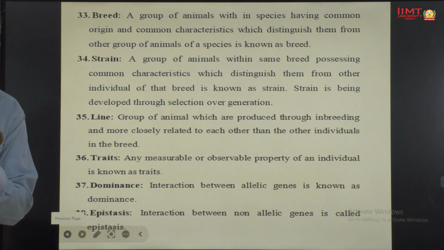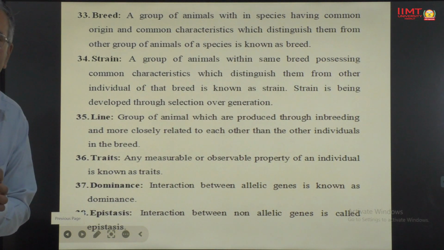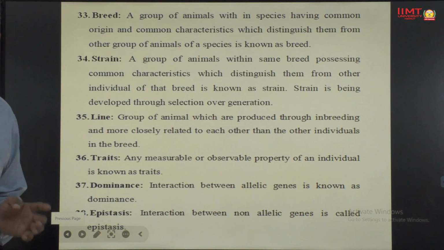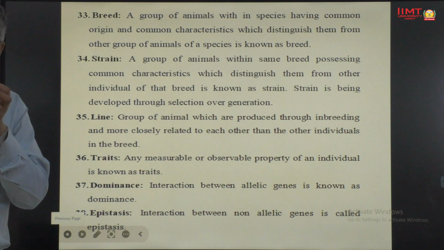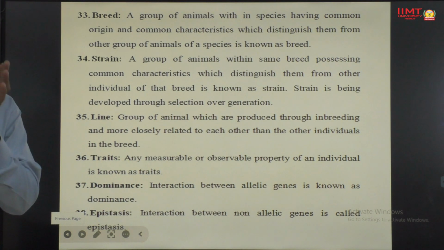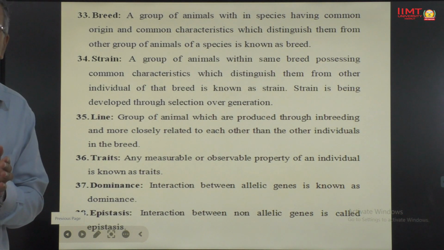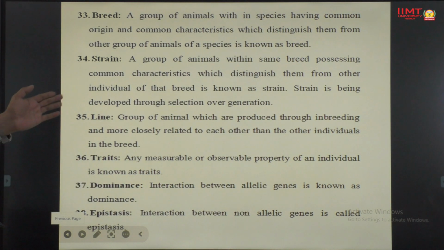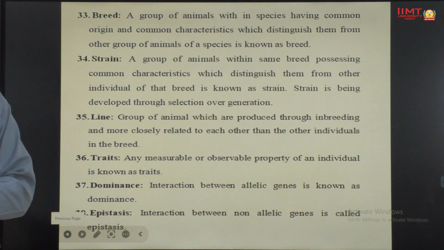A group of animals within a breed having certain common characteristics which distinguish them from the other animals of the same breed is known as a strain. A strain is developed through selection over generations.